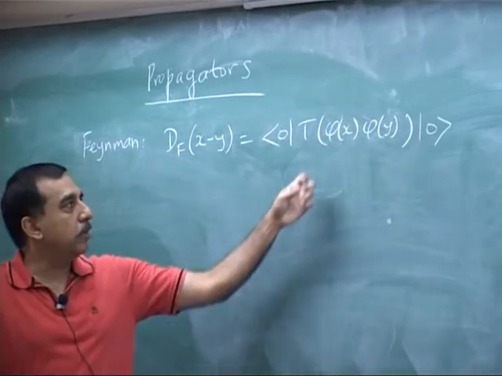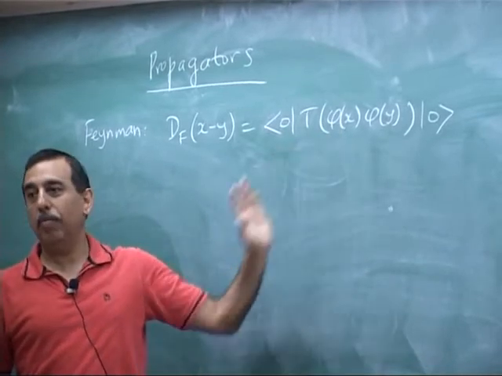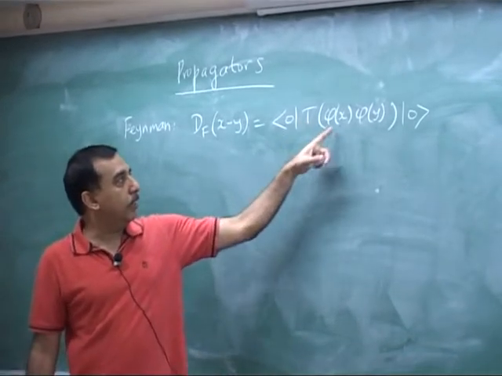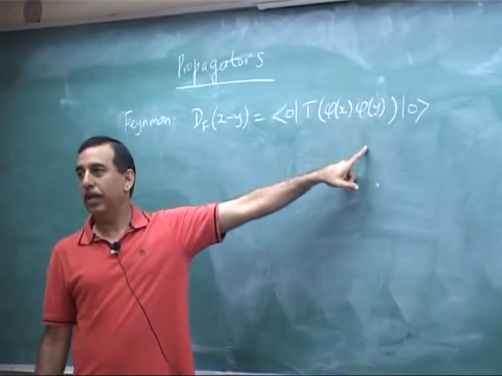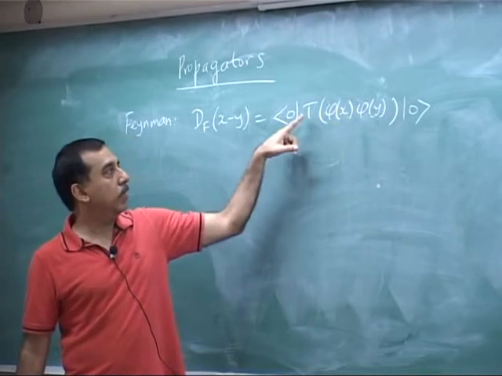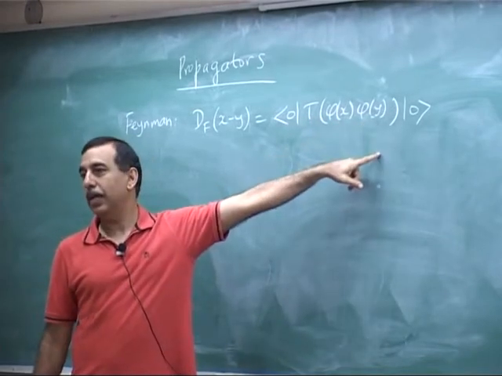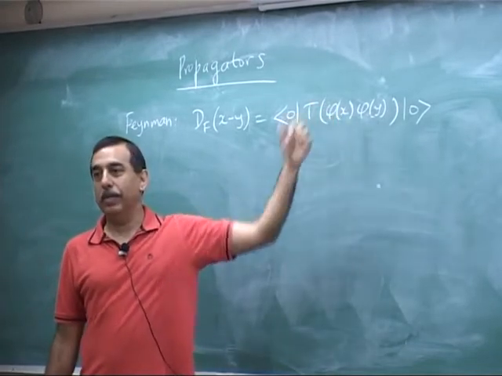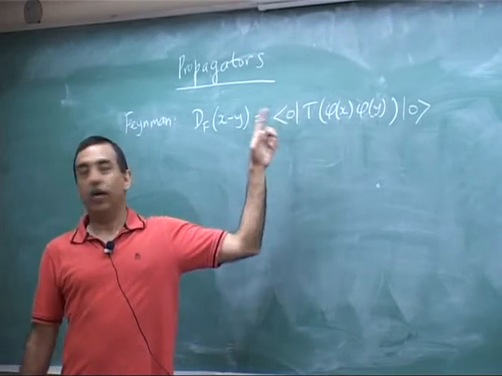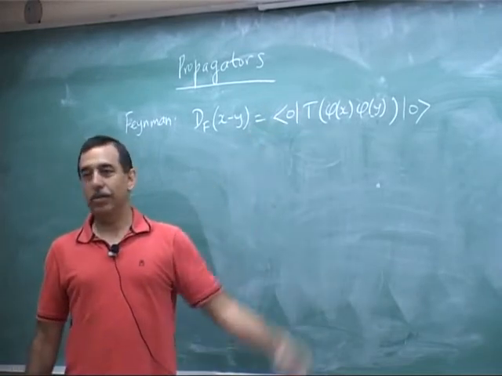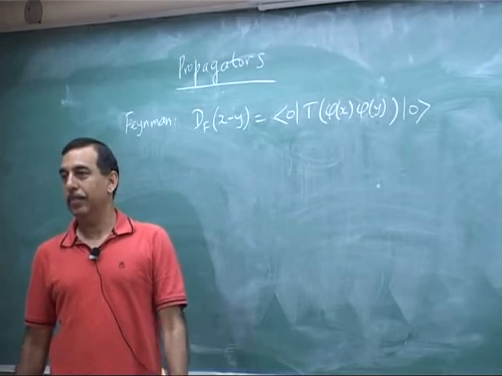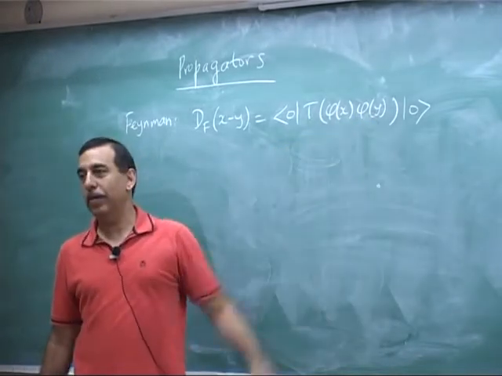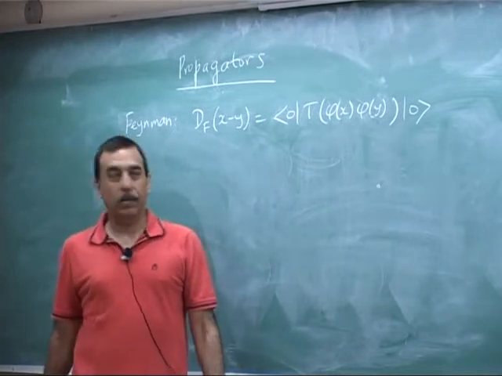And the way it wants is that whichever is the later time, that operator appears on the left. So if x0 is the later time, then T of this is phi(x) times phi(y). But if y0 is the later time, then T of this is phi(y) times phi(x). That also means that inside T, we can move things around in any order, because the operation of T will decide the order. So what we write inside, we can write as we like. So T of phi(x), phi(y) is the same as T of phi(y), phi(x). Is that clear? Okay.